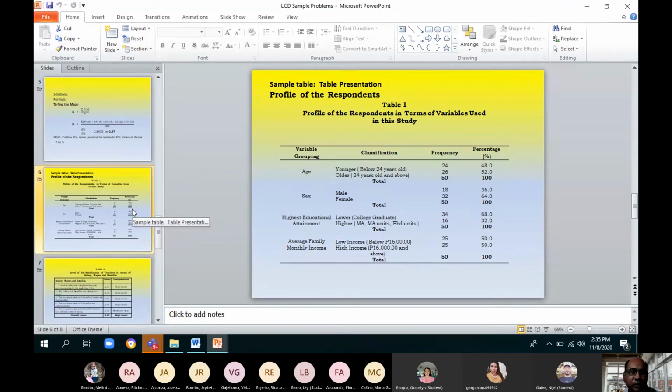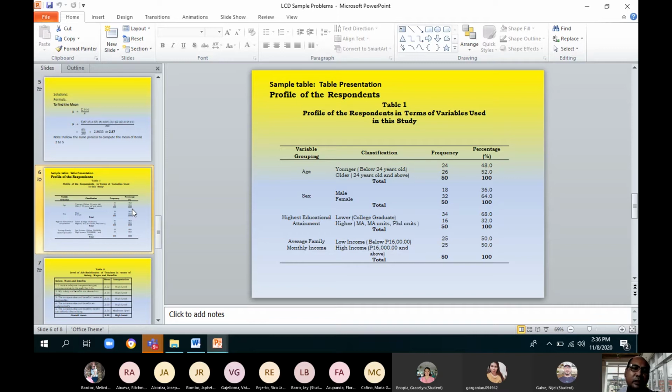Then margin 1.5 on the left side, 1 inch on the right, top and bottom. Then double space. Then font size 12 using Bookman Old Style.